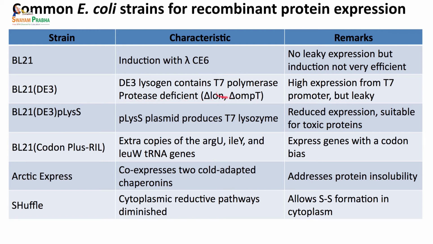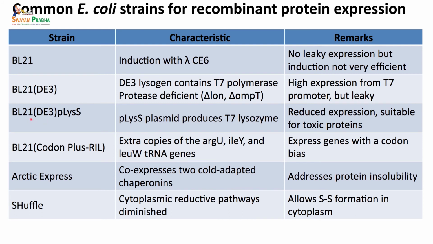The LON and OMPT protease chromosomal copies are deleted, and therefore this strain has high expression from the T7 promoter, but there is also some leaky expression. But because some proteases are not present, the expressed protein may be more stable in these strains.